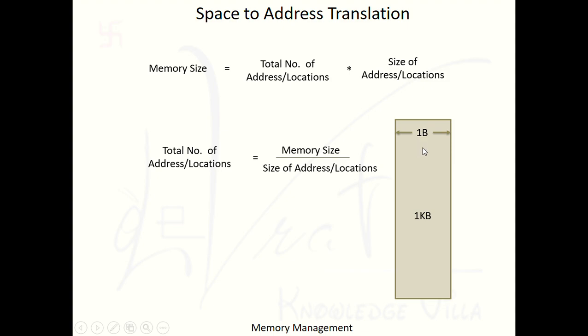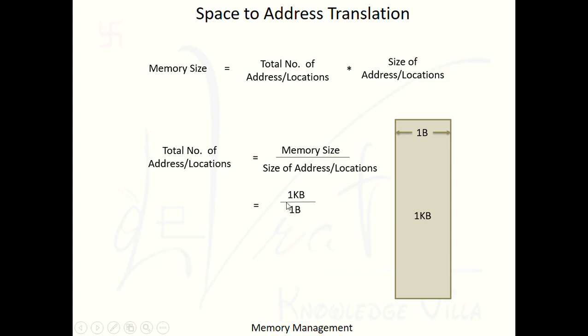Our memory size is 1 kilobyte and size of address is 1 byte. So it is 1 KB divided by 1 byte.